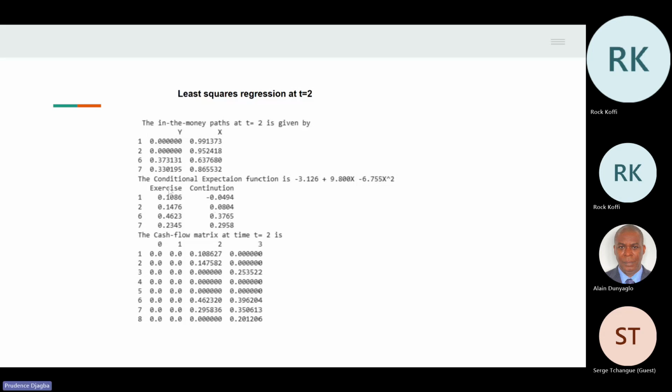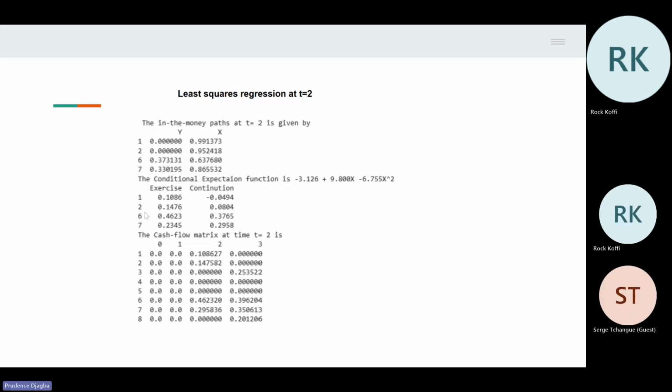So the exercise payoff here is just K minus S, because we are in a put option. So we evaluate the difference between K minus x value. We take the value for price whenever the exercise payoff is greater than the continuation.